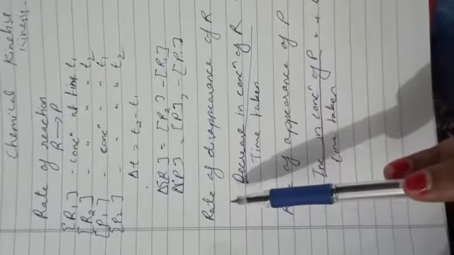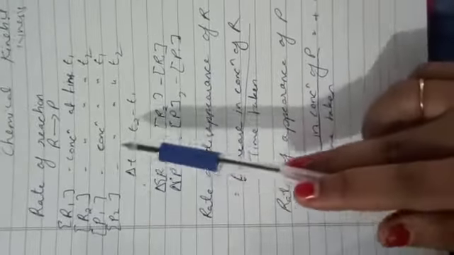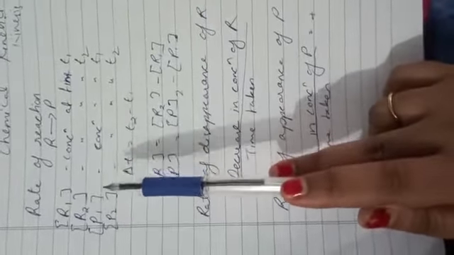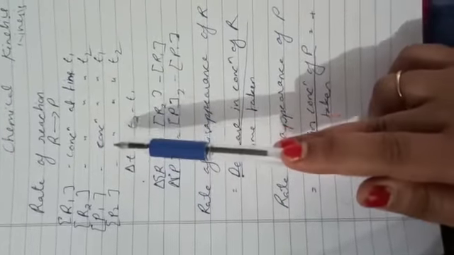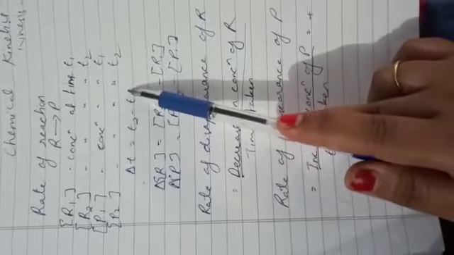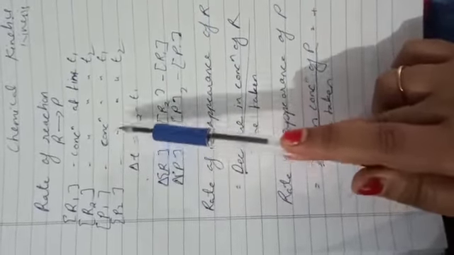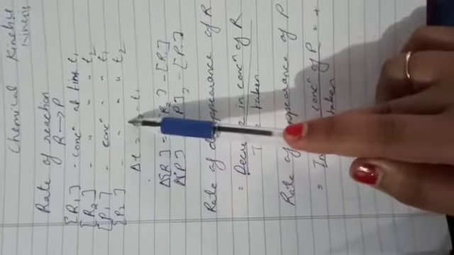Now, as I told you earlier, the rate of reaction depends on two things: either the decrease in the concentration of the reactant, or you can say the disappearance of the reactant, or the increase in the concentration of the product, or you can say the appearance of the product.